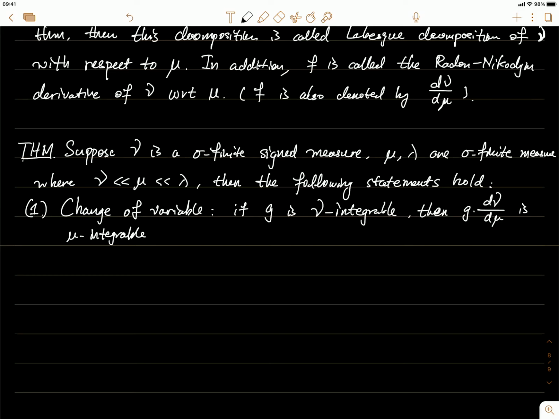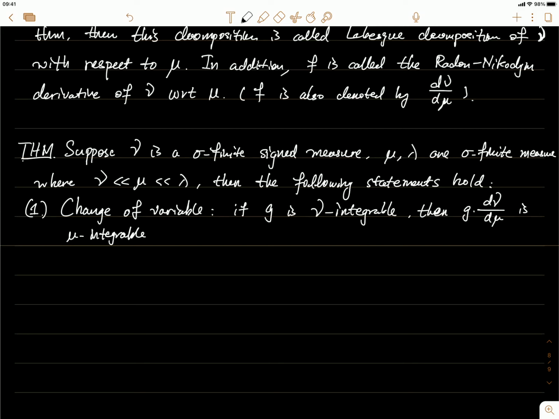Here d nu d mu is the Radon-Nikodym derivative we just defined, which is actually the function f we got by the Lebesgue decomposition of the signed measure nu with respect to the positive measure mu.